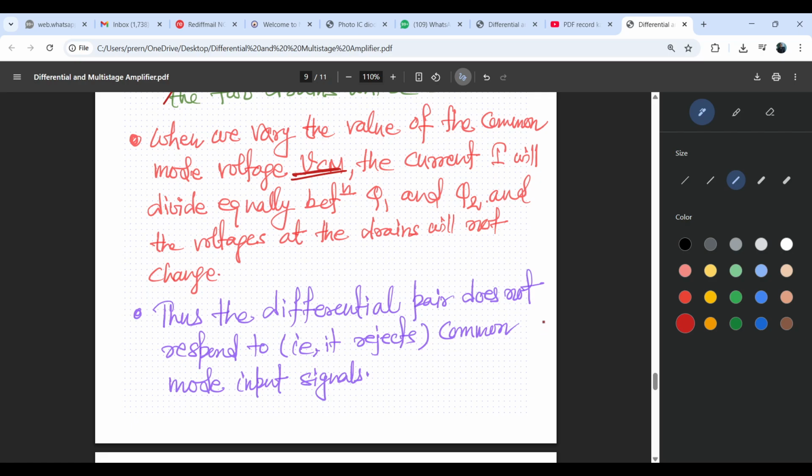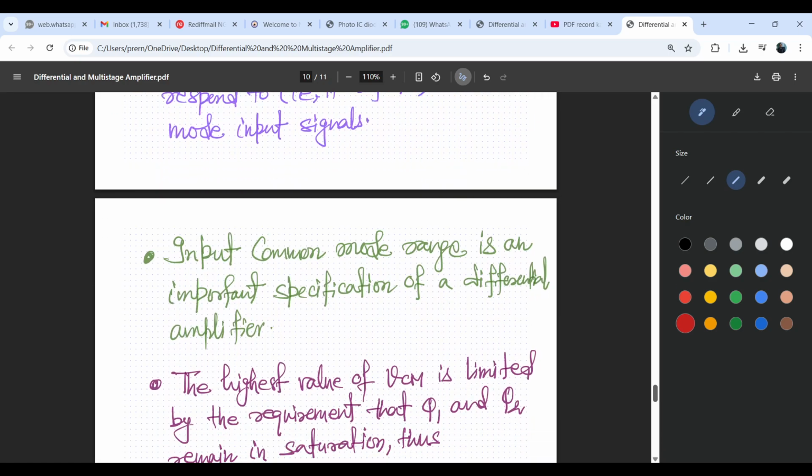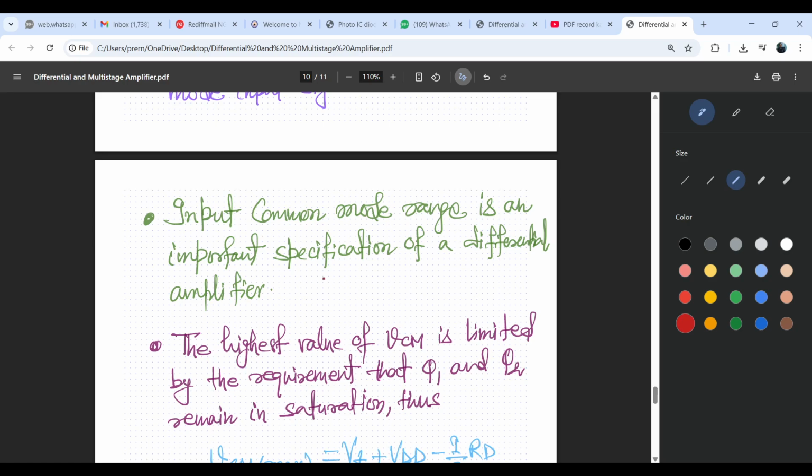Thus the differential pair does not respond to, or rejects, common mode input signals. Clear?